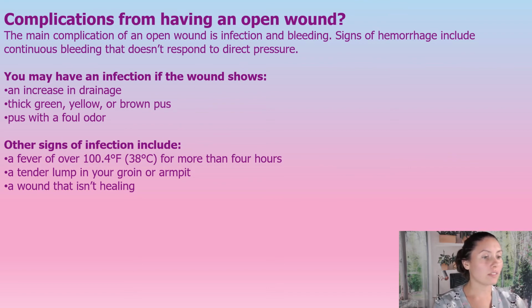This will be seen by an increase in drainage, thick green, yellow, brown pus, or a pus with a foul odor. Other signs of infection can include a fever over 100.4 or 38 degrees Celsius for more than 4 hours, a tender lump in your groin or armpit, normally whatever is closest to the wound, these are your lymph nodes, and a wound that isn't healing.